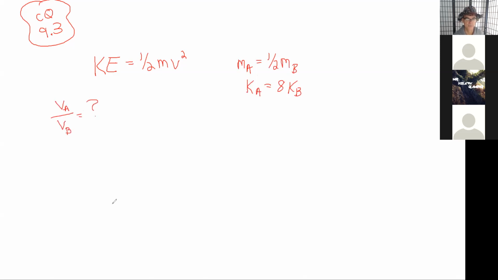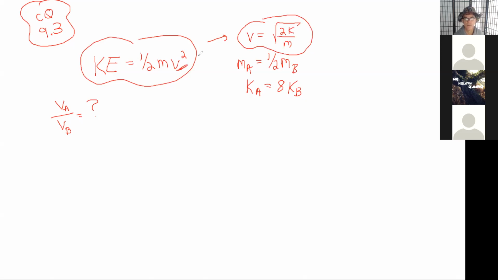So VA over VB equals what? From the equation for kinetic energy, if I solve for speed, speed equals the square root of 2 times the kinetic energy divided by the mass.